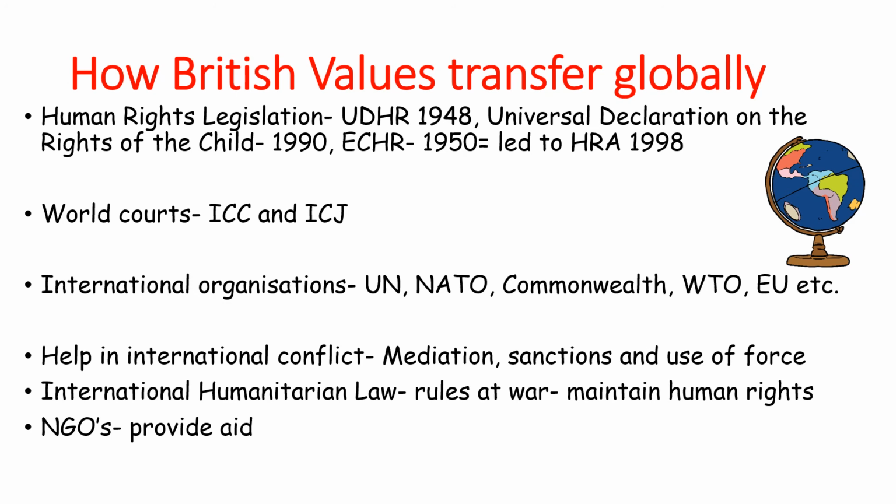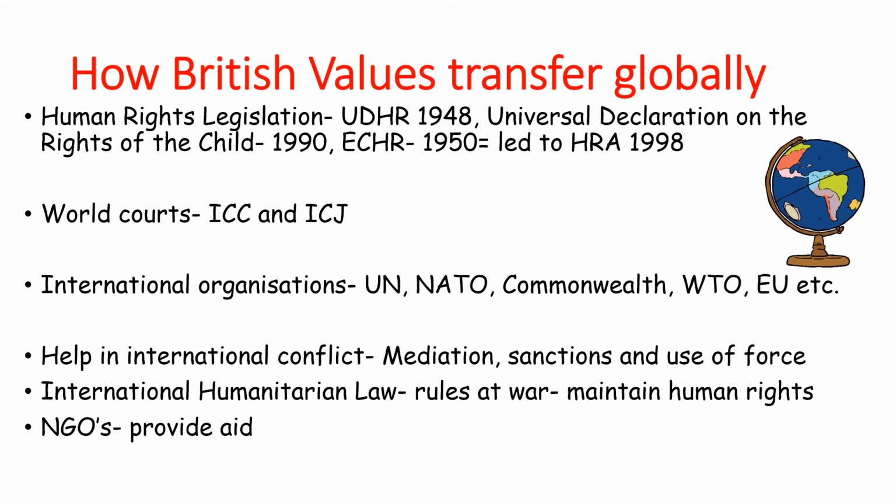And how do our British values transfer into the global world then? So our human rights legislation actually comes from global legislation. So we got the Universal Declaration of Human Rights made in 1948, post World War II. That then fed down to the European Convention of Human Rights made in 1950, which led to our Human Rights Act of 1998.